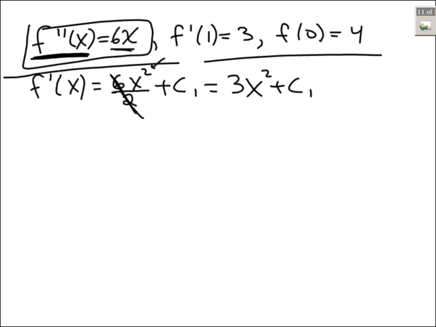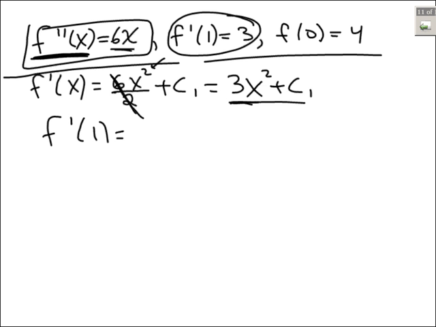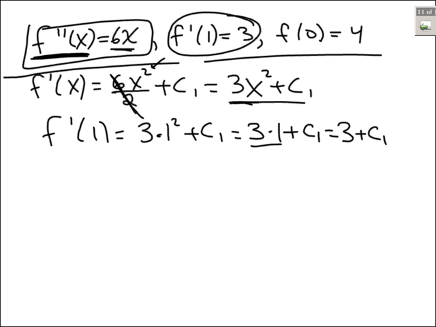Now, I can find the constant, because I know that f prime of 1 is 3. F prime of 1, on one hand, using this rule, is 3 times 1 squared plus C1. 1 squared is 1, 3 times 1 is 3, plus C1. On the other hand, I'm told it's 3.